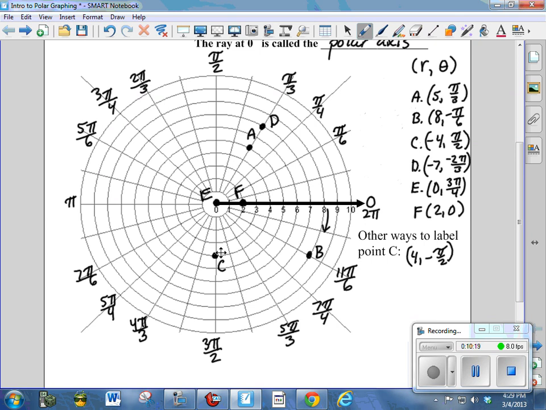I could also call it positive 4 all the way around here, positive 4, 3 pi over 2. And I could also have called it negative 4, so go in the negative direction, 1, 2, 3, 4, negative 4, negative 3 pi over 2.